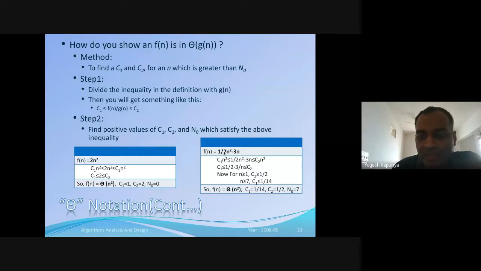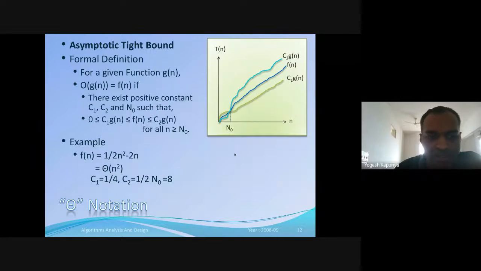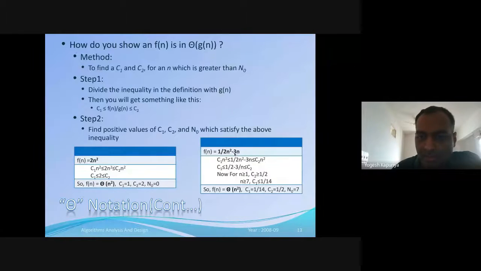Again, you come over here. So it's f(n) is equal to 1 by 2 n square minus 3n. This is the same example. So it's 1 by 2 n square. We know that the function will be order of n square. So you will say C1 n square is less than or equal to 1 by 2 n square minus 3n is less than or equal to C2 n square.